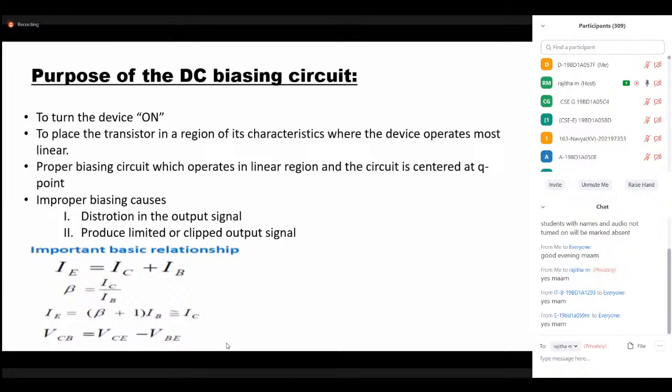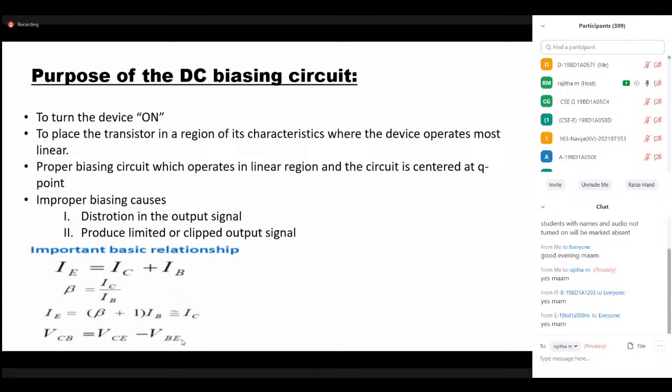In addition to the amplified voltage levels, the shape of the output should not vary. It should be exactly the same as your input. Only the strength of the voltage level must be amplified, not the shape of the waveform. In order to maintain that, we require proper biasing circuitry.